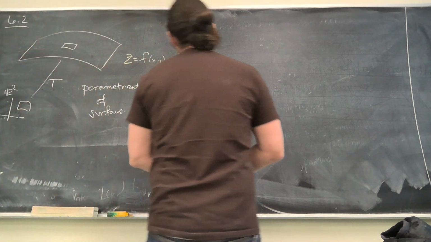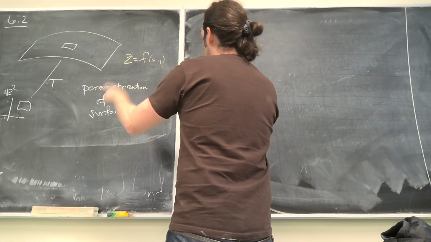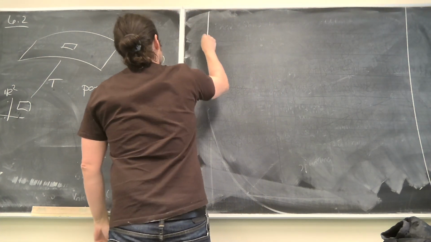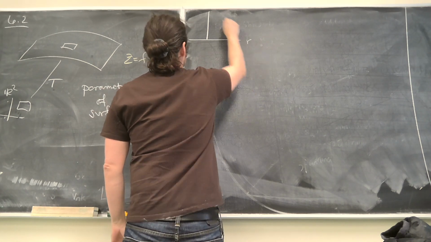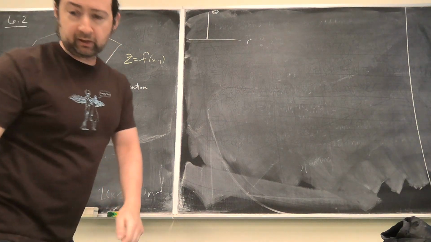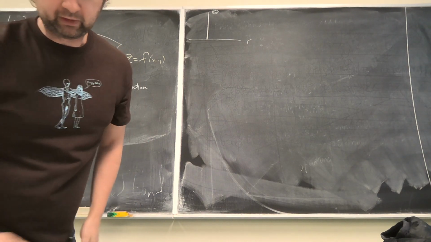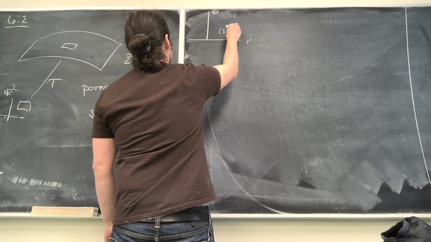With that in mind, I want to talk about the particular example we discussed last time. I'm going to start with a set in the r and theta plane. That set is going to look like the following. I'm going to put a point right here at 2 comma pi over 4.